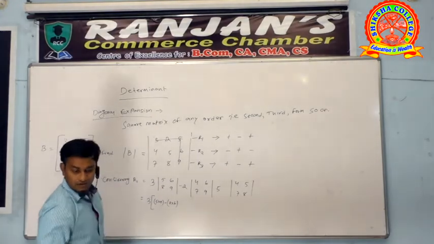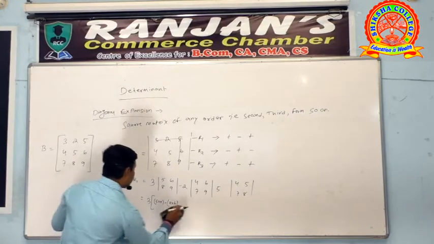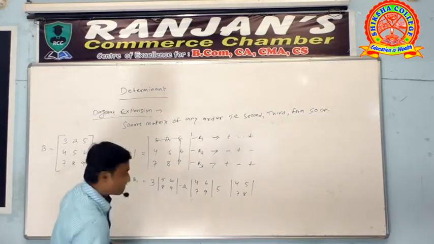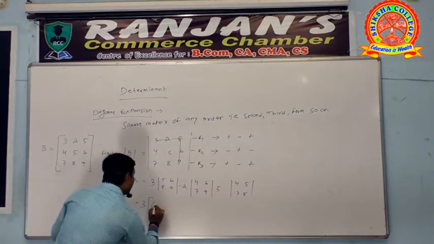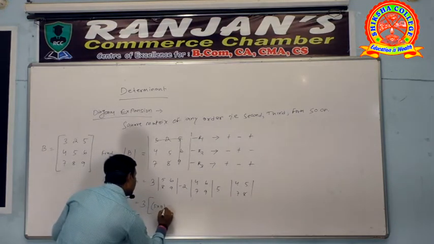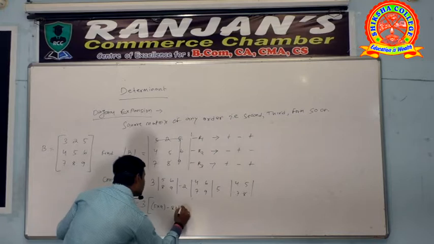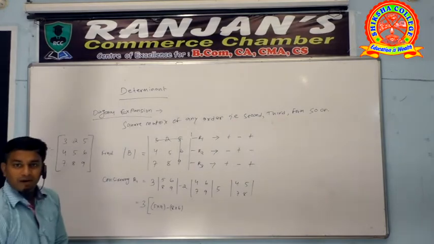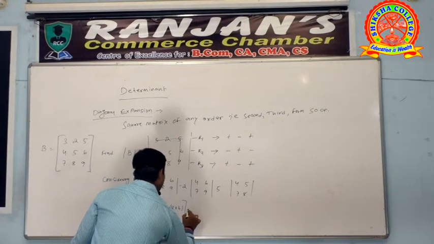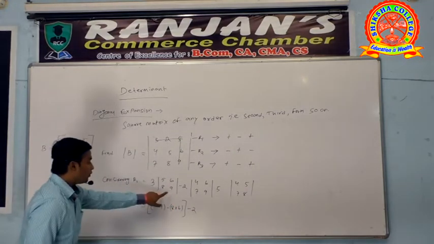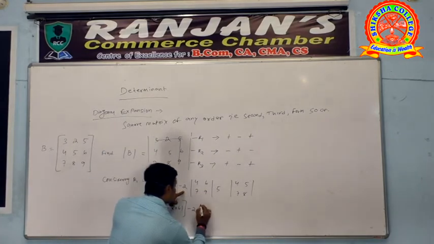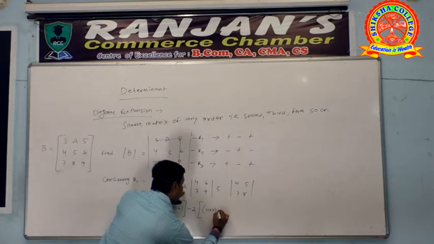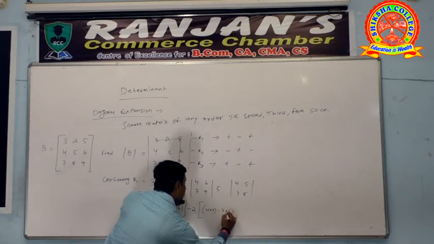Then minus 2 into 4 into 9 minus 7 into 6.